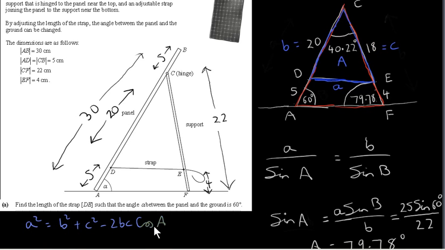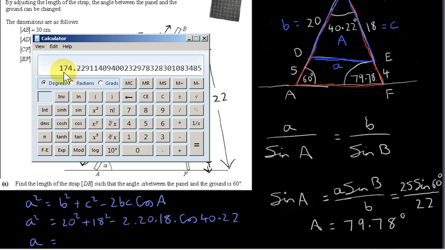So we write down the cosine rule and we plug in the values. So we have 20 squared plus 18 squared minus 2 times 20 times 18 times the cos of the angle in between sides b and c. We get a squared equals 174.22911, etc. Now we want a, so we have to get the square root of this number.